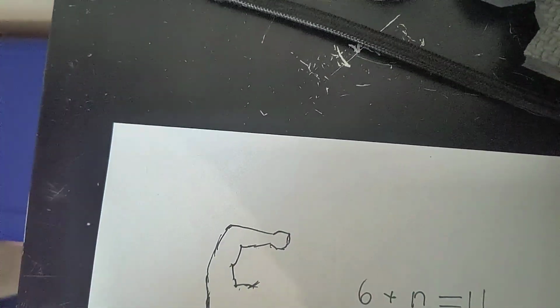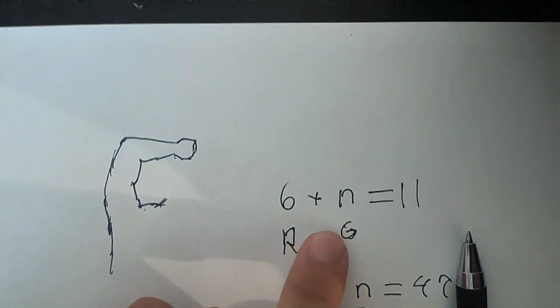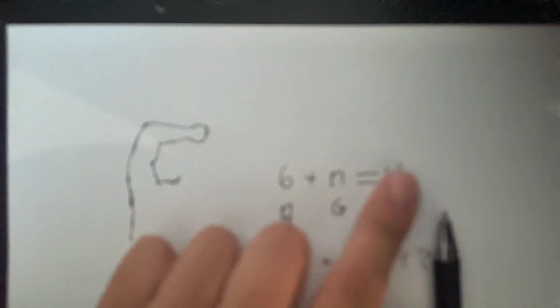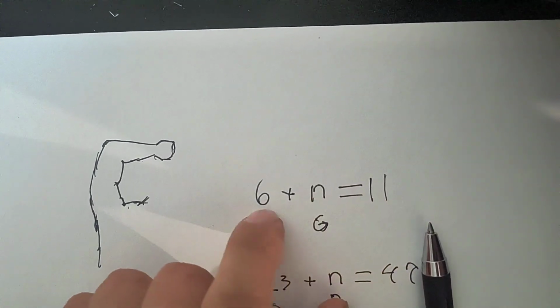This is about how to represent unknowns in simple one-step addition and subtraction problems. Let's say you had a bag of marbles, and 6 of them were red and an undisclosed amount were green. And you had a total number of 11. This is how you would represent that.